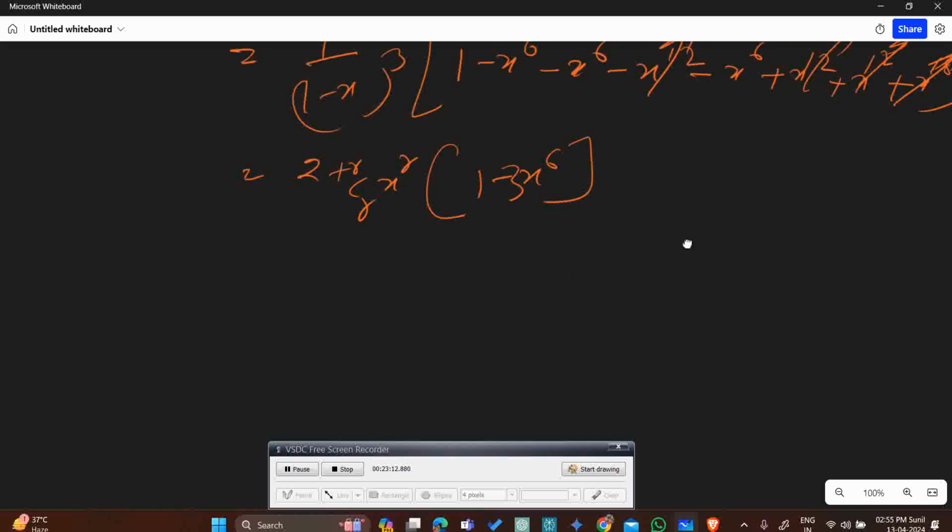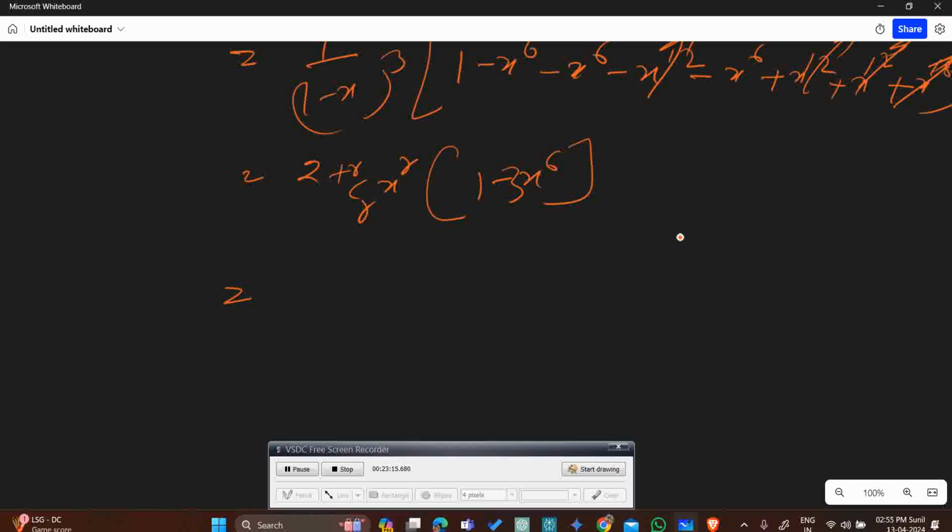And now it can become 11 choose 9 times x to the power 9, minus 3 into 5 choose 3 x to the power 9, right? 11 choose 9 is 11 choose 2, which is 55, minus 3 times 5 choose 3, which is 3 times 10, that is 30.